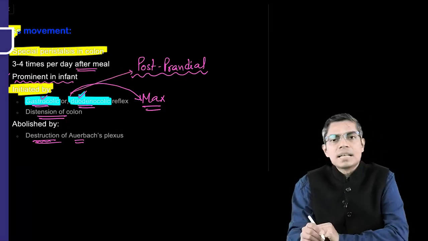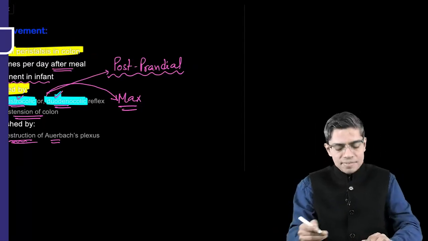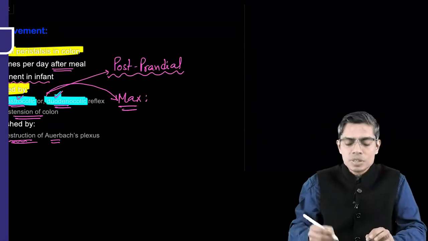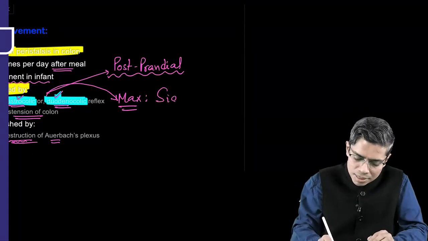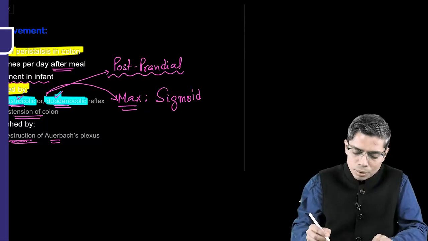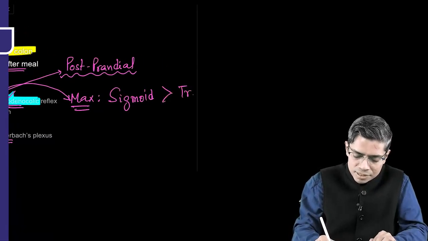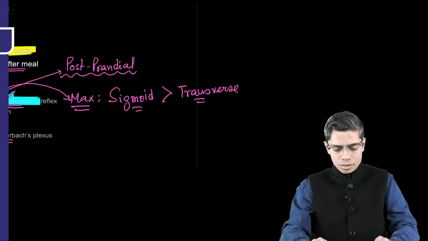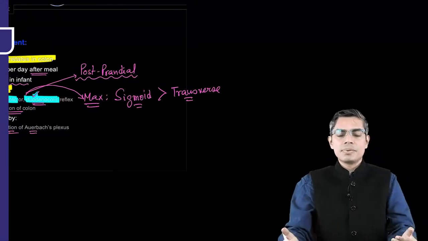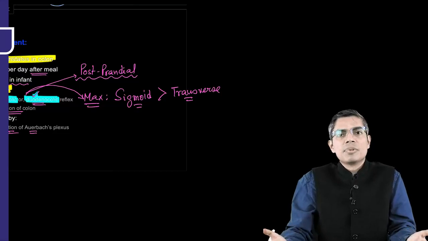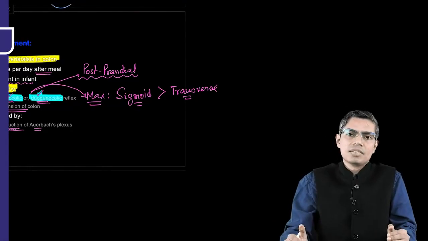So they are asking in which part of the colon this reflex is maximally seen. Your answer is sigmoid colon, followed by transverse colon, right? So the maximum movement of the colon seen after food is at the level of the sigmoid colon, followed by the transverse colon.